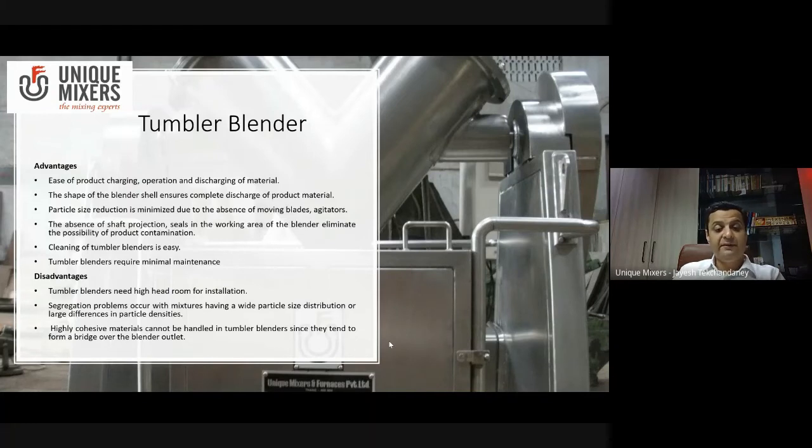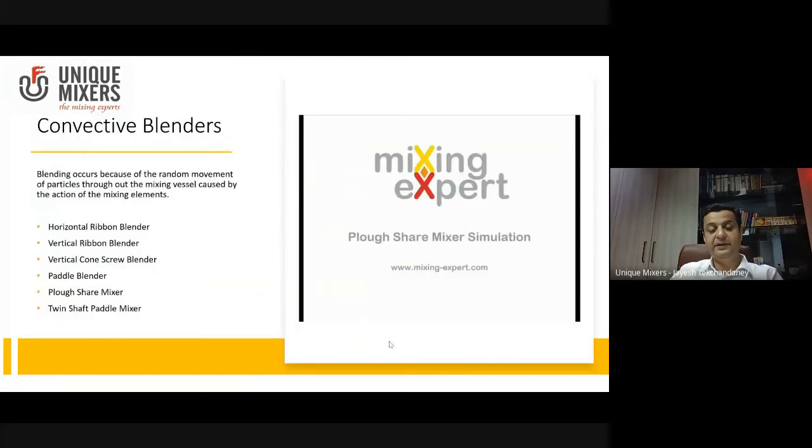Segregation problems occur when mixtures have a wide particle size distribution or large differences in particle densities. This is an important aspect: with particle size distribution being wide, you have limitations in using this blender. And highly cohesive materials cannot be handled in the tumbler blender since they tend to form a bridge over the blender outlet. So that's the limitation of the tumbler blender.